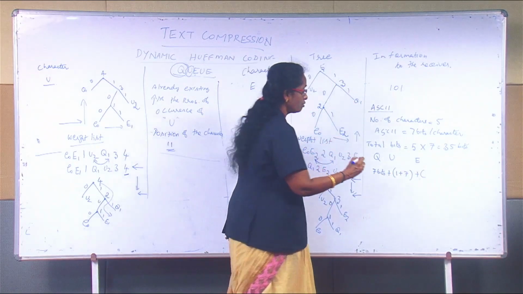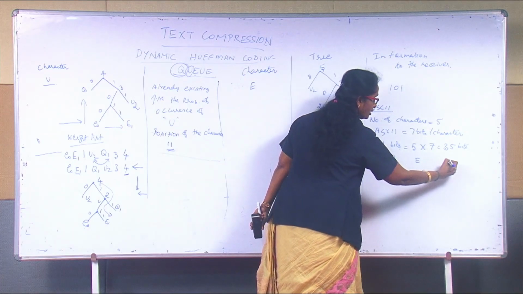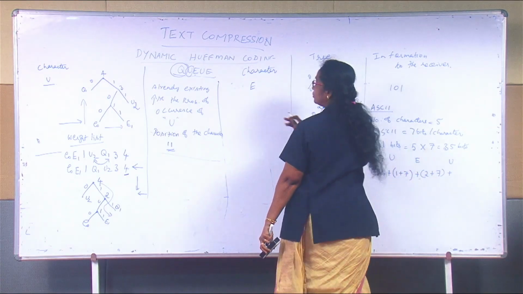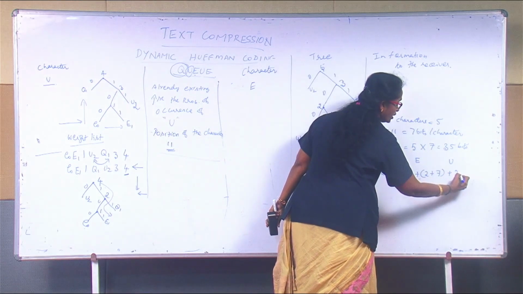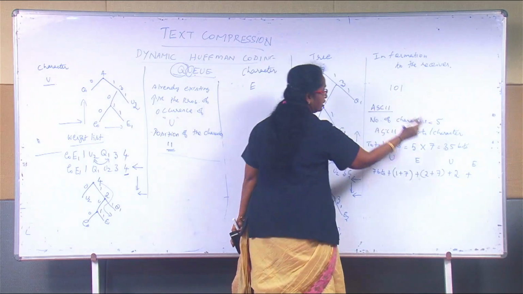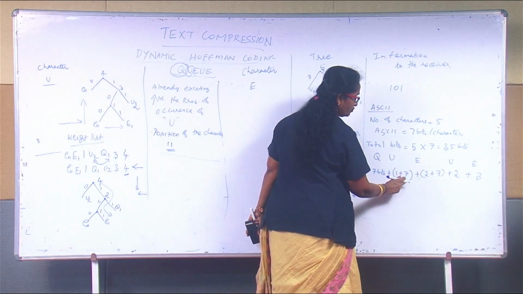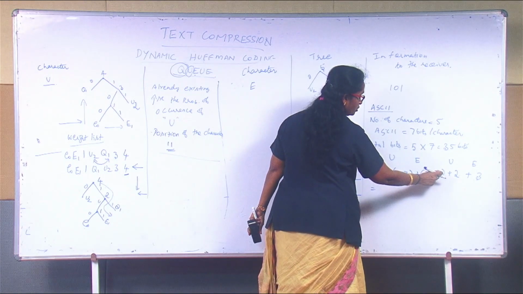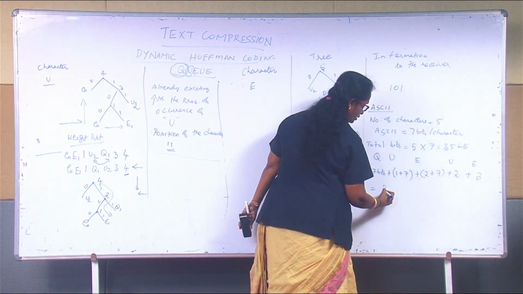It took 2 bits. Okay. So 2 bits plus 7 bits. And again U. How many bits you required to transmit U? Only position of that character. Therefore, 2 only you required. And then for E also, how many bits you required? 3 bits. So you sum it up. So 7, 15, 22, 24, 26, 29 bits.